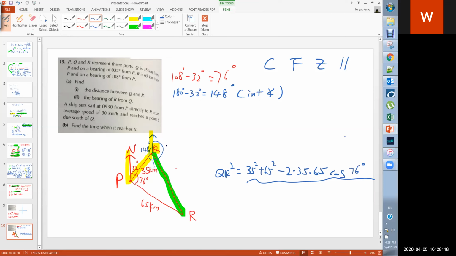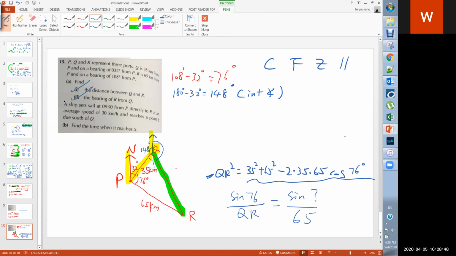To find the question mark: sine 76 over QR, which is found above, is equal to sine question mark over the 65. So that's how you find your question mark. Part 1 done, part 2 done.